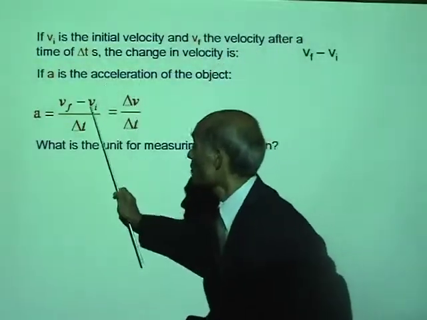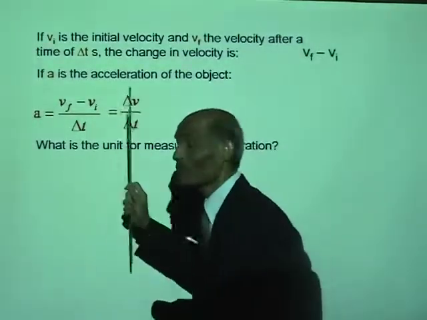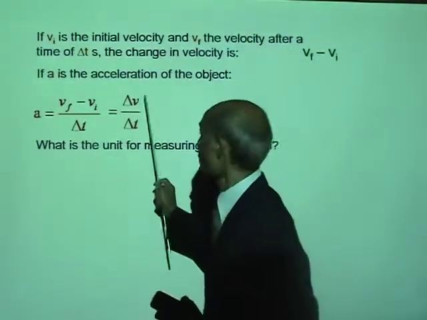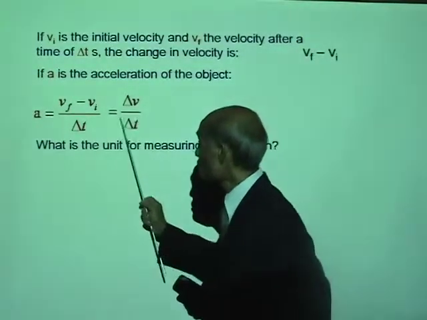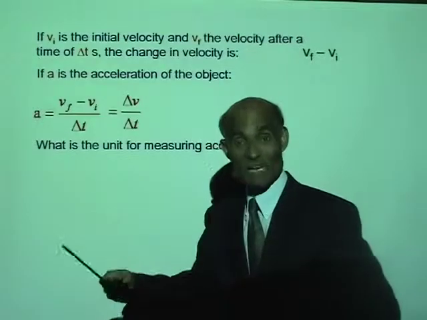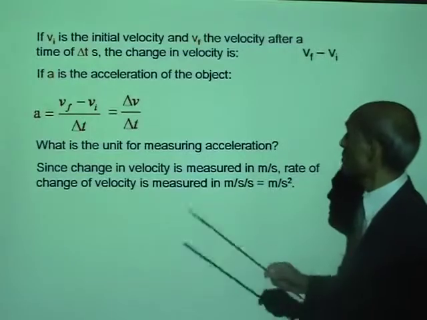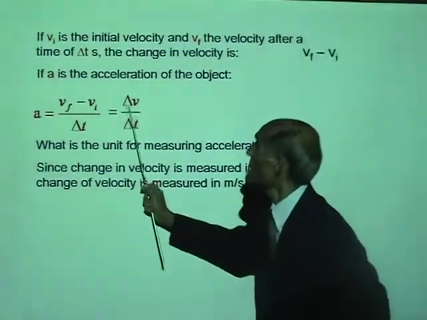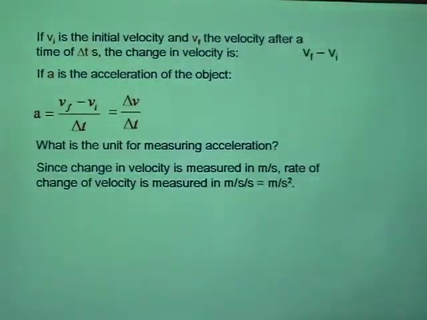So if velocity is measured in meter per second, the change in velocity also is measured in meter per second. Change in time is measured in second. What is therefore the unit of acceleration? The unit of acceleration will be meter per second divided by second. Now, how will that look? Let me write that down here for you.